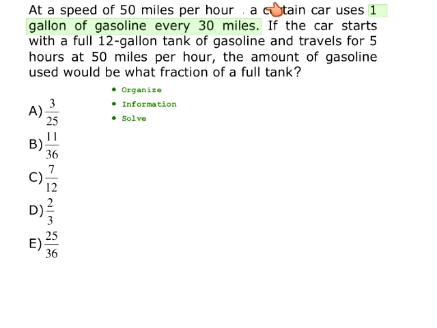It's at a particular speed, but notice this is not anything about the speed per se. So you have to understand that much at least. This is just qualifying when the car gets that fuel economy, which you might want to peek and make sure the car is actually traveling at that speed, and it is.